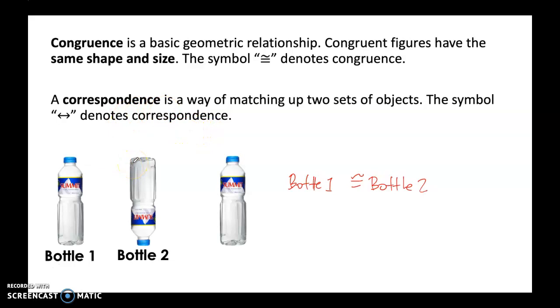So suppose the top part of bottle 1 is A, and the bottom part of bottle 1 is B, while the bottom part of bottle 2 is C, and the top part of bottle 2 is D. We can say that A corresponds to D because they are both the top part of the two bottles, as well as B corresponds to C because they are both the bottom part of the two bottles.